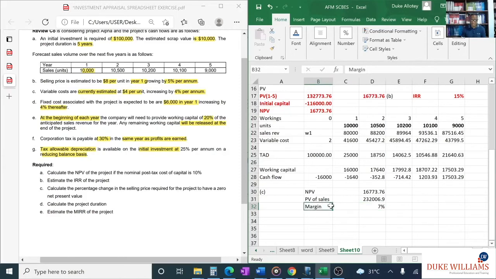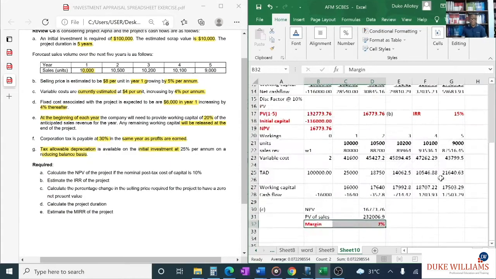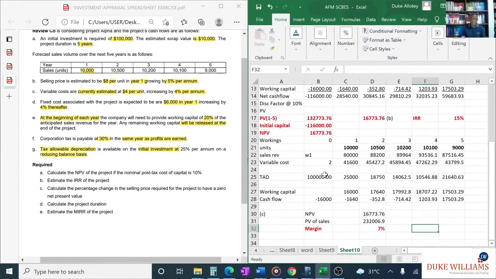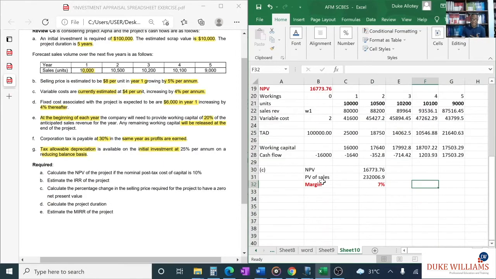So it means that selling prices would have to increase by 7% for NPV to be zero. Very interesting. So at this point, all candidates looking at doing FM, that is what you need to know basically, and the rest are things that you can apply and get your head round.